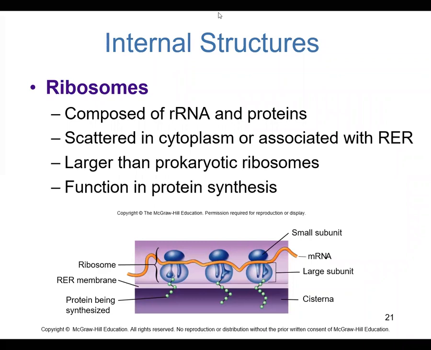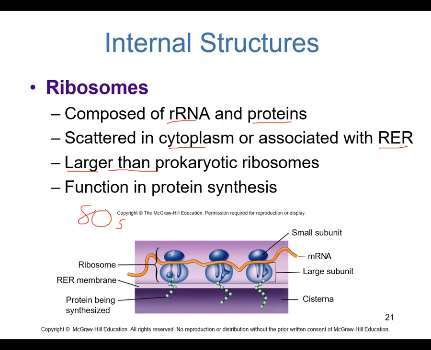Ribosomes are producing proteins. They are made up of ribosomal RNA and globular proteins. They're scattered in the cytoplasm and on the rough ER. They're larger than prokaryotic ones. Remember I said that these are the 80S size. Your mRNA will go through these, and multiple ribosomes, which we call polyribosomes, can be using that same mRNA to produce more than one protein at a time.